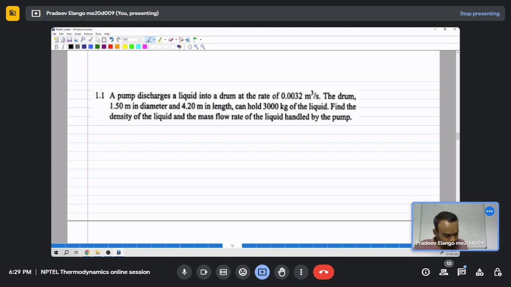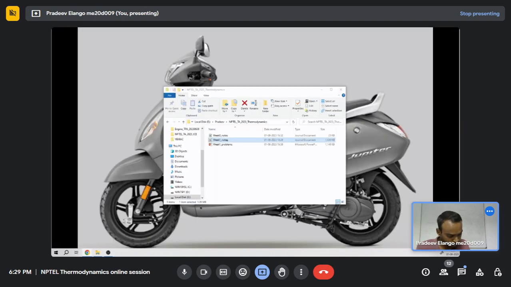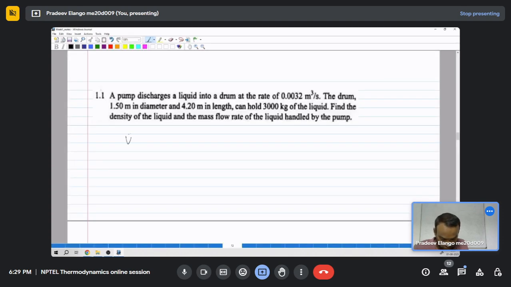So here we see the volume flow rate. I denote it as V dot, and that is 0.0032 meter cube per second, the diameter is 1.5 meters, the length is 4.2 meters, and the mass is 3000 kg.